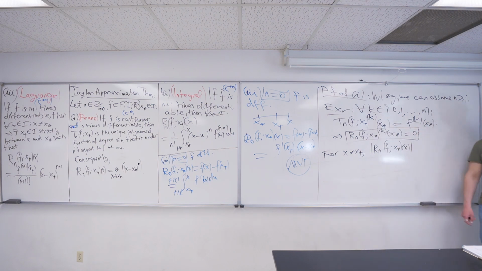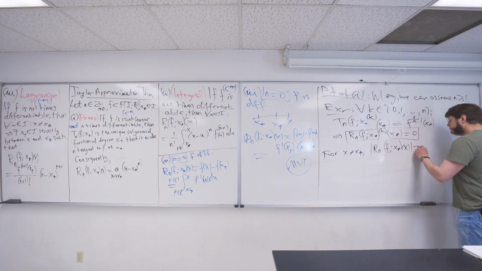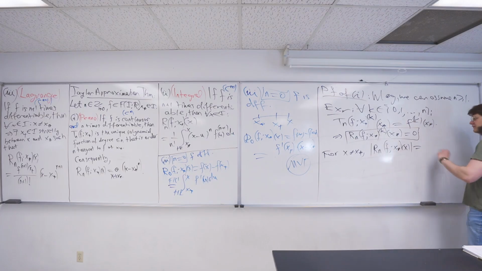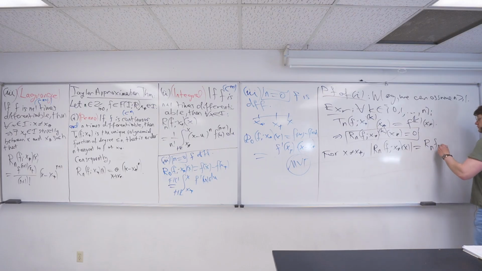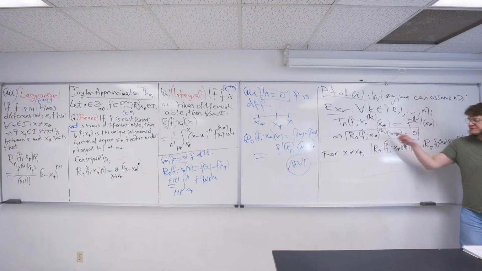This is what I'm trying to control. As usual, I start from the end. I start from the thing that I'm trying to control. The nth remainder at x star itself is 0, because it's just the 0th order derivative. So I can write it like this. This is 0. For k equals 0, this is just the function at that point.